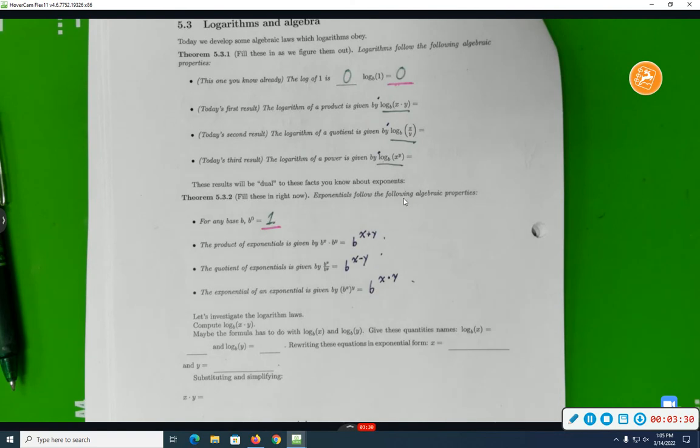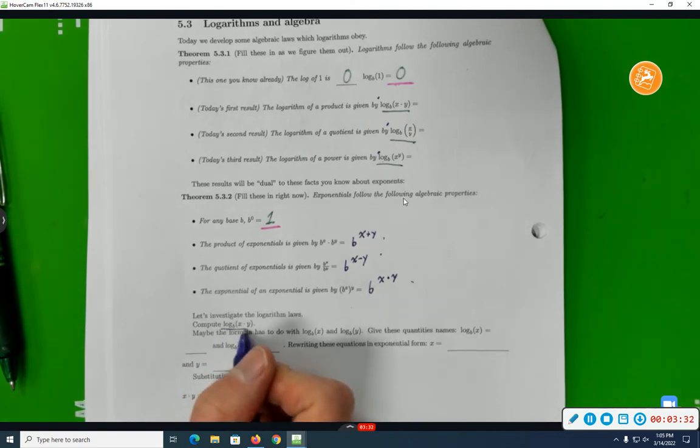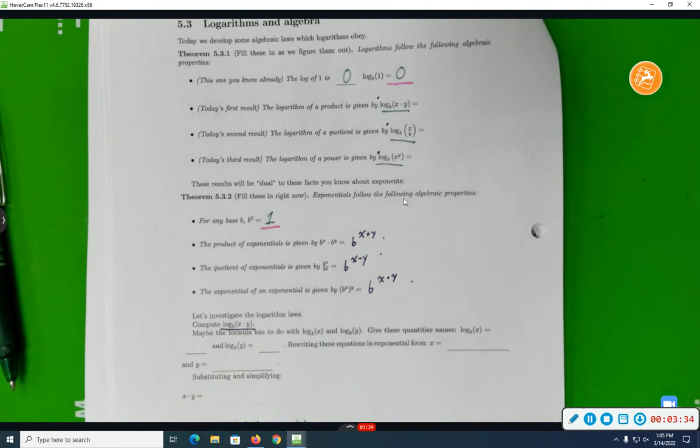So first, let's think about the log base b of x times y. Let's try to compute log base b of x times y. We expect our answer to have something to do with the log base b of x and the log base b of y. So what I'll do is give names to the log base b of x and log base b of y, and then I'll see what I can do with them in order to get log base b of x times y.